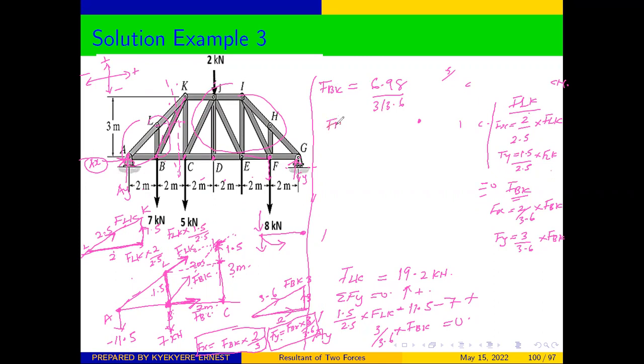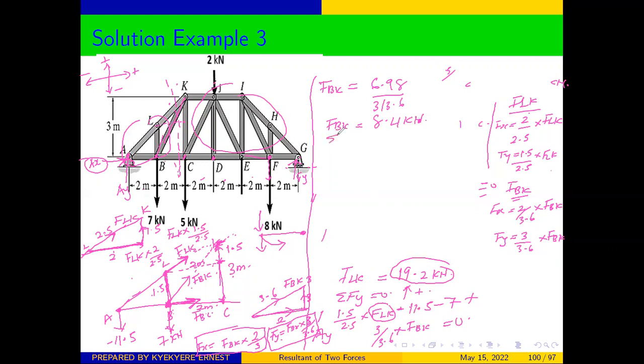And from there, our FBK will be equal to 8.4 kilonewtons. But don't forget that you have already calculated FLK and the value is 19.2, so just substitute this into this equation.